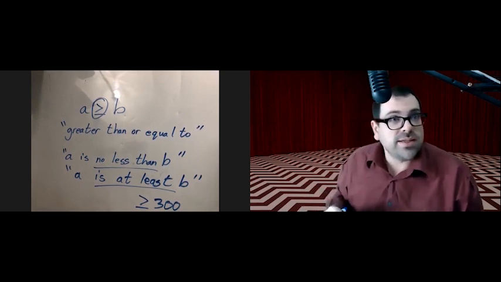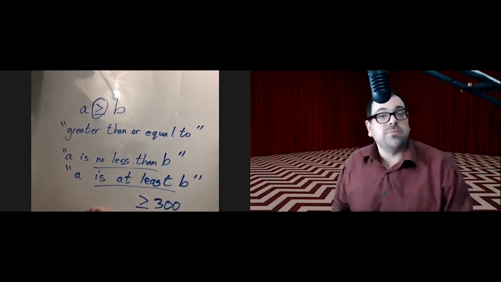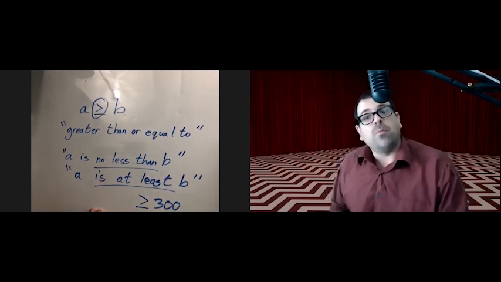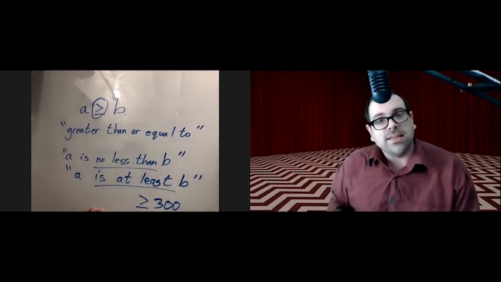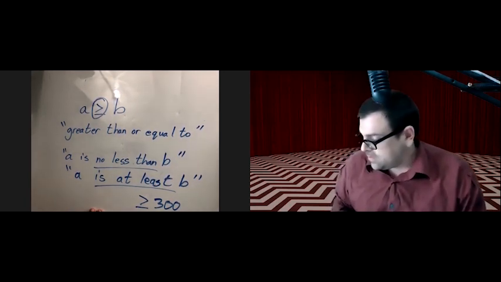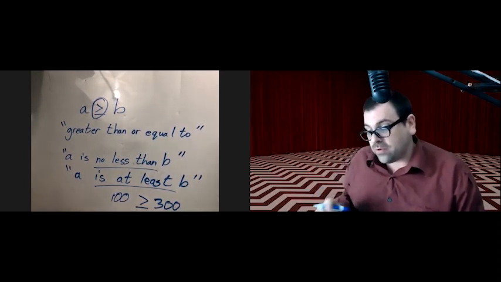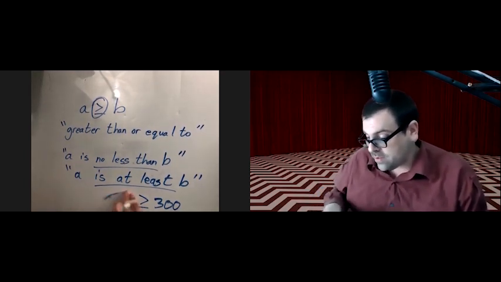Is 100 at least 300? If I tell you to go to the store and bring me at least 300 and you bring me 100, I'm going to be mad. Why? Well, because 100 is not at least 300 and 100 is not greater than or equal to 300.